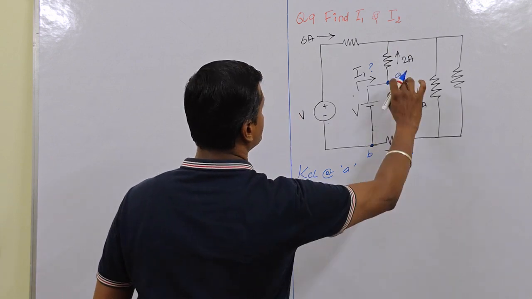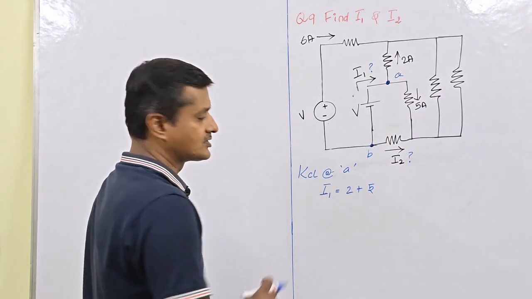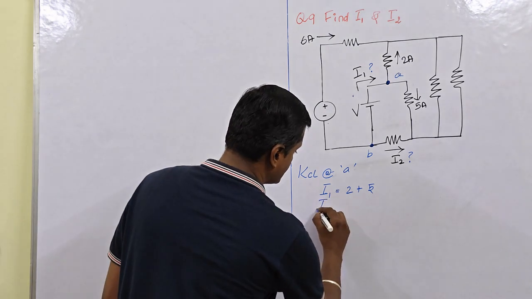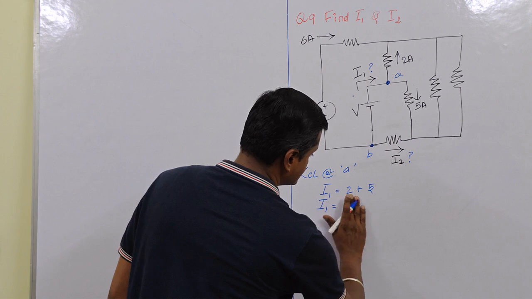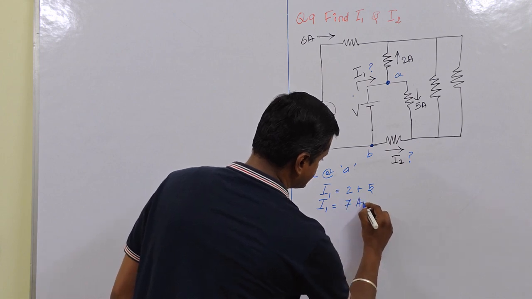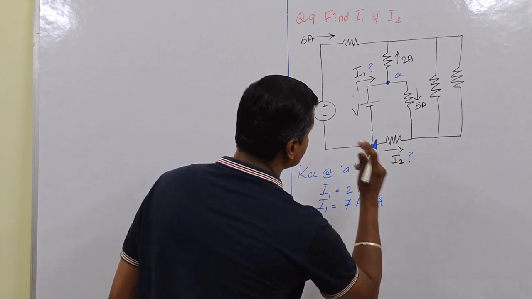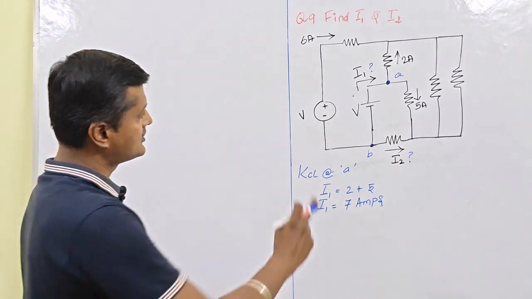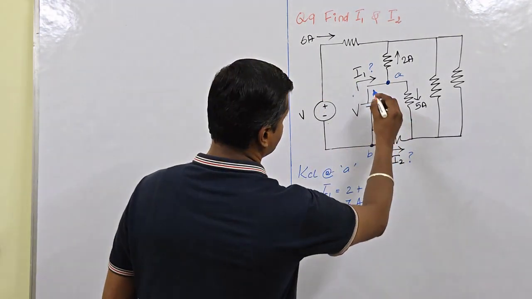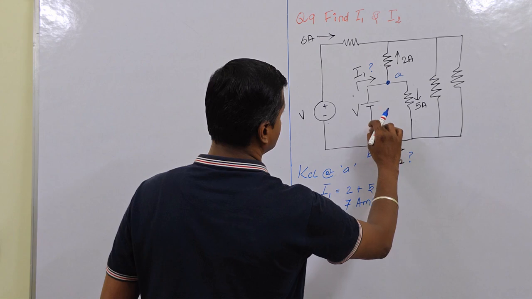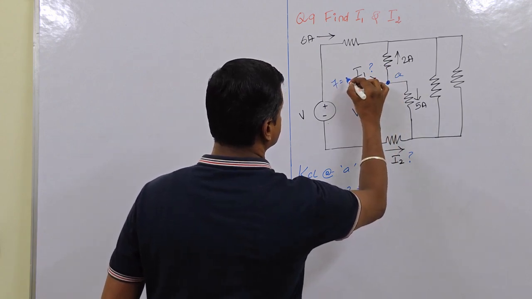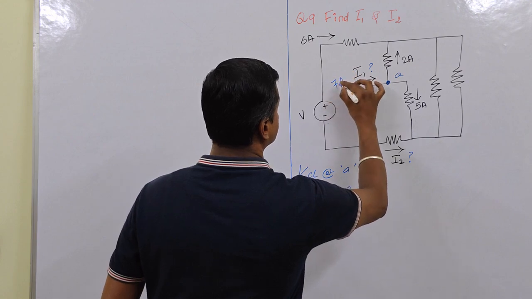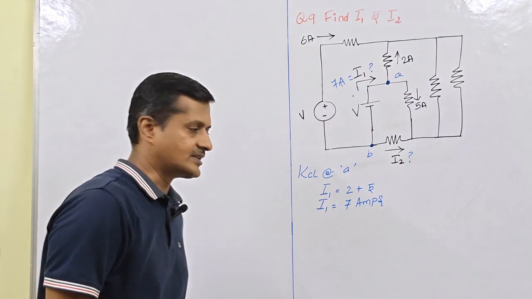So 2 amps outgoing and 5 amps outgoing. So what is the value of current I1? I1 is equal to 5 plus 2, that is 7 amps. So the value here is 7, and the current flowing through this is also 7. I2 equal to I1 equal to 7 amps.